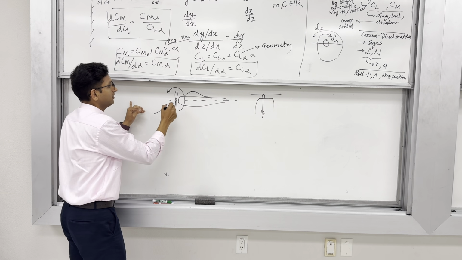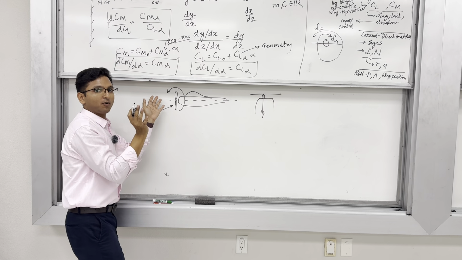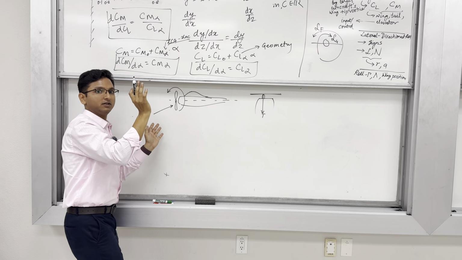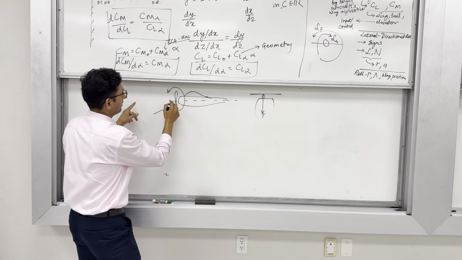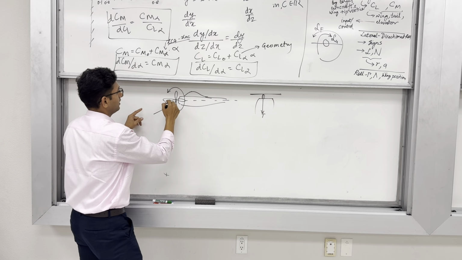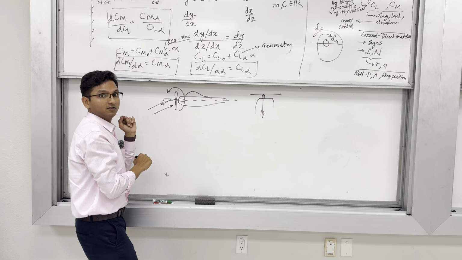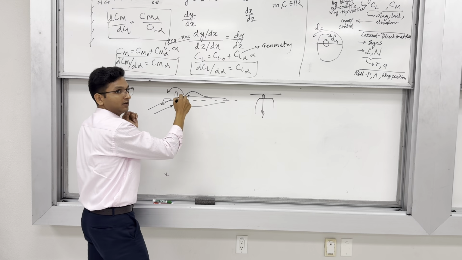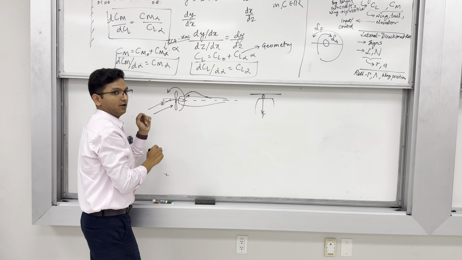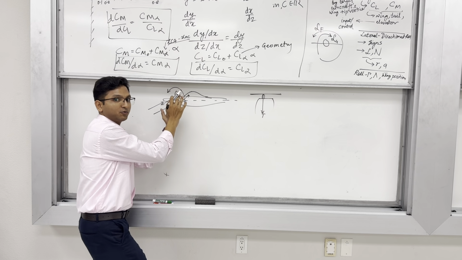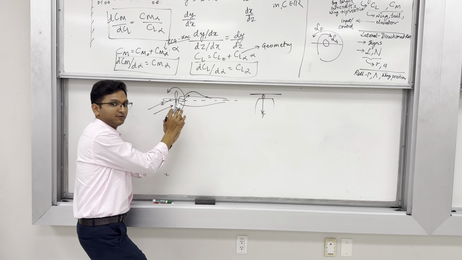Now let's look at the propeller which is going up and which is coming down. The one that is coming down will see a higher resultant velocity, and the one that is going up will see a lower resultant velocity, which means this half of the propeller will generate less force than that half.